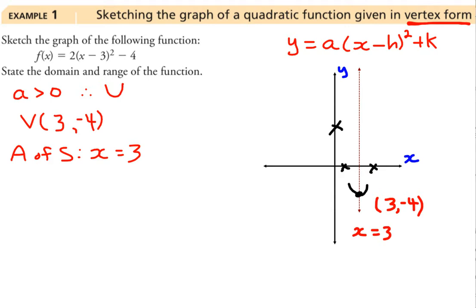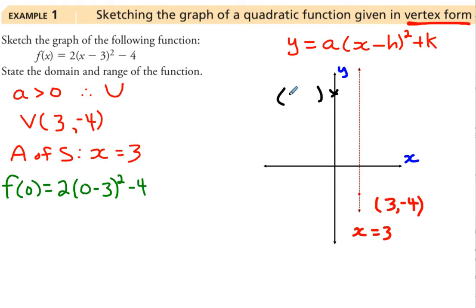Let's see, what's the next step? Well, we need to find another point. So an easy point is to find out, well, what is that y-intercept? Whenever we're looking at the y-intercept, x equals 0, because everything on the y-axis is x equals 0. So if we substitute 0 in for our x, all we have to do is solve that to find out what our function will equal.